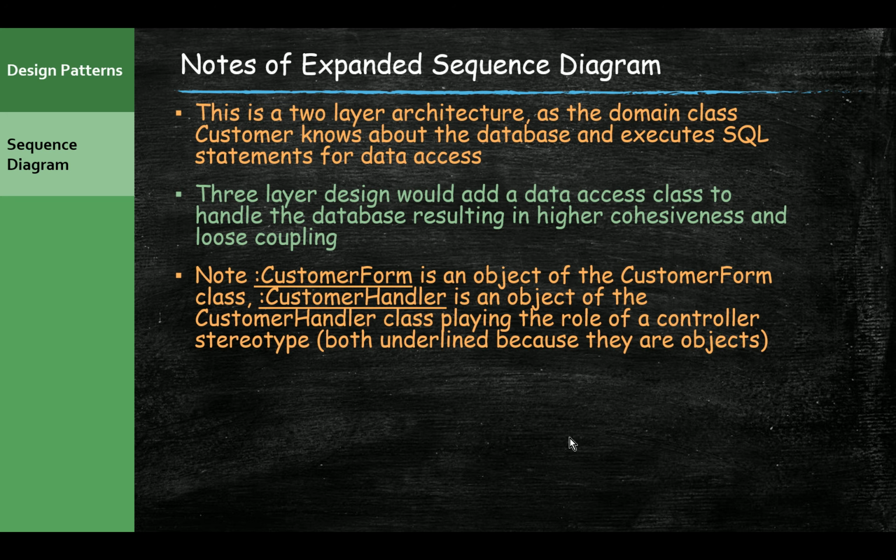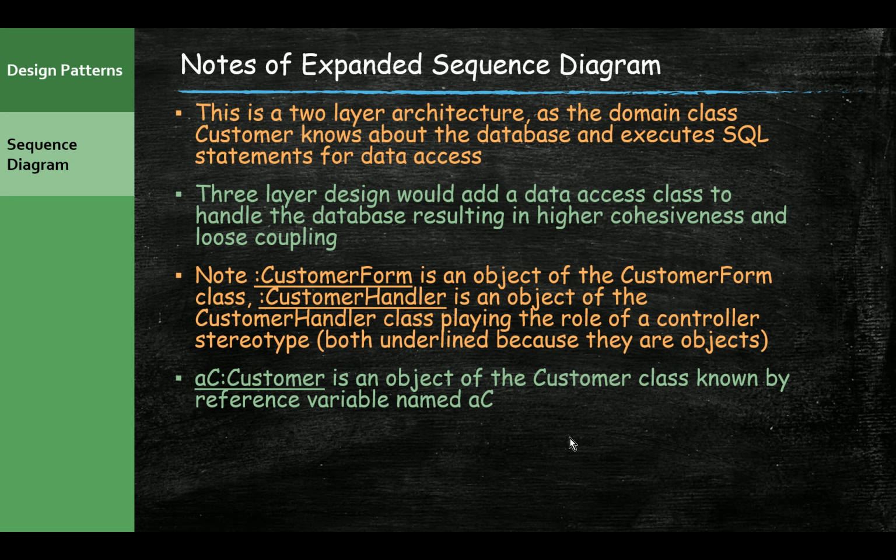So I talked about this as well. We talked about the customer form as an object of the customer form class, and customer handler is an object of the customer handler class, playing the role of a controller. And that's why we had a stereotype of controller, which I pointed out. I also pointed out that AC customer was an object of the customer class, known by its reference variable named AC. And you would have seen that in the class diagram.